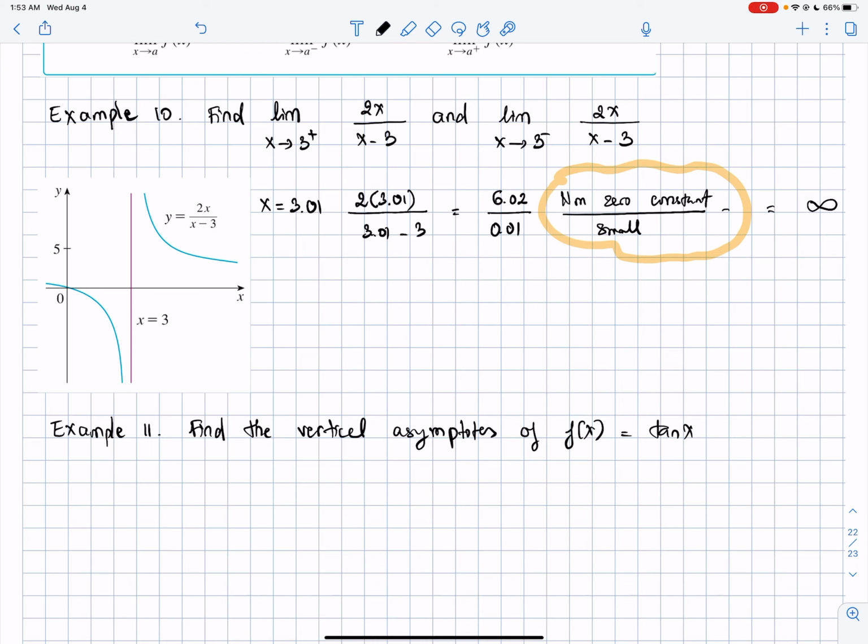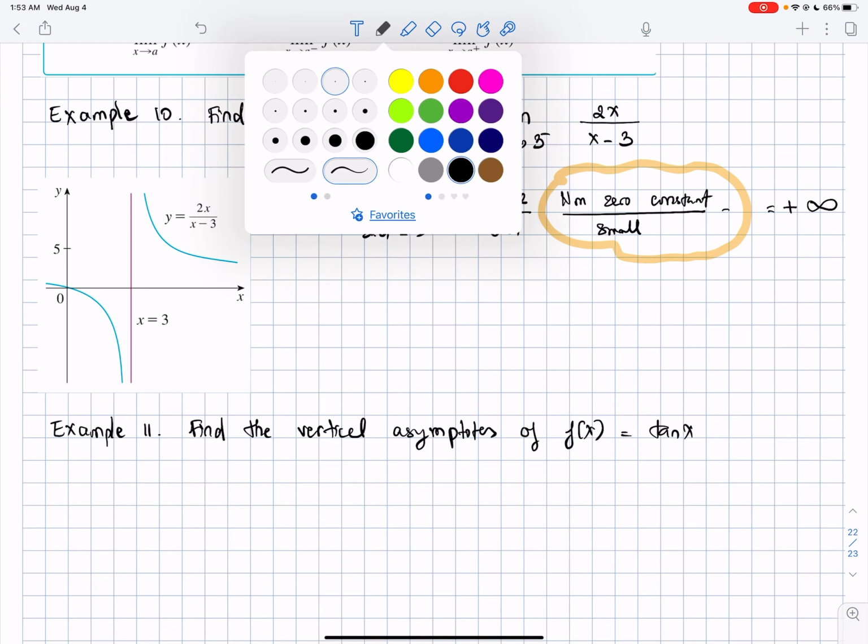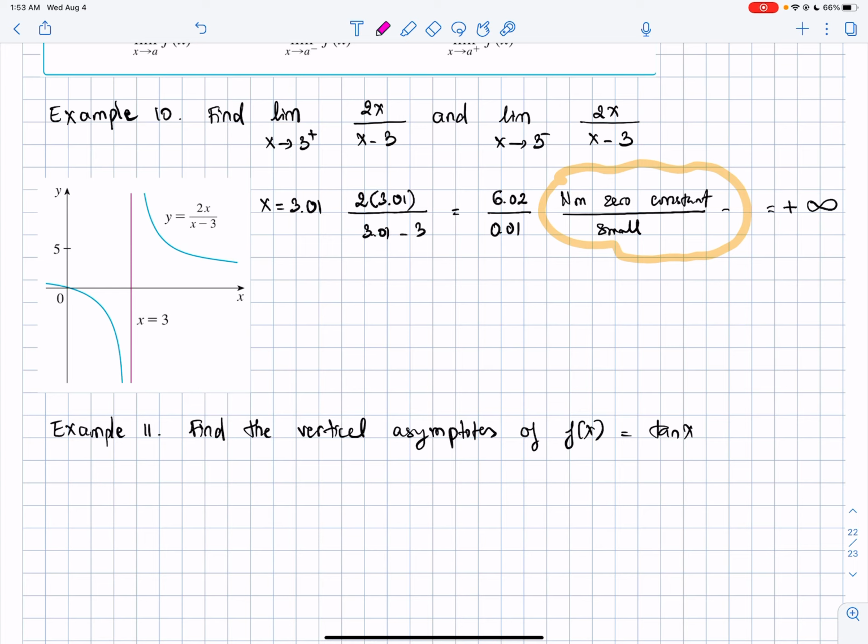The answer will be positive infinity because x is larger than 3, x approaches 3 on the right side. So the top is positive, the bottom is also positive, so the answer would be plus infinity. So we can say that when x approaches 3 on the right side, 2x over x minus 3 will approach infinity.